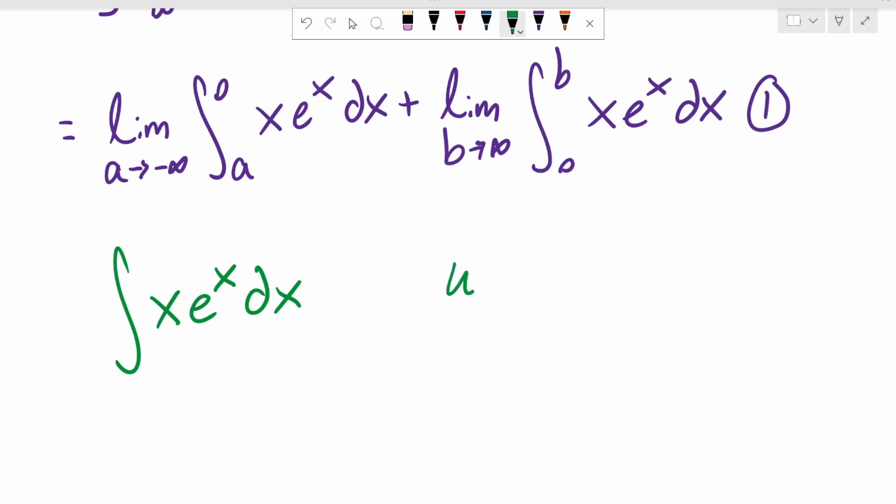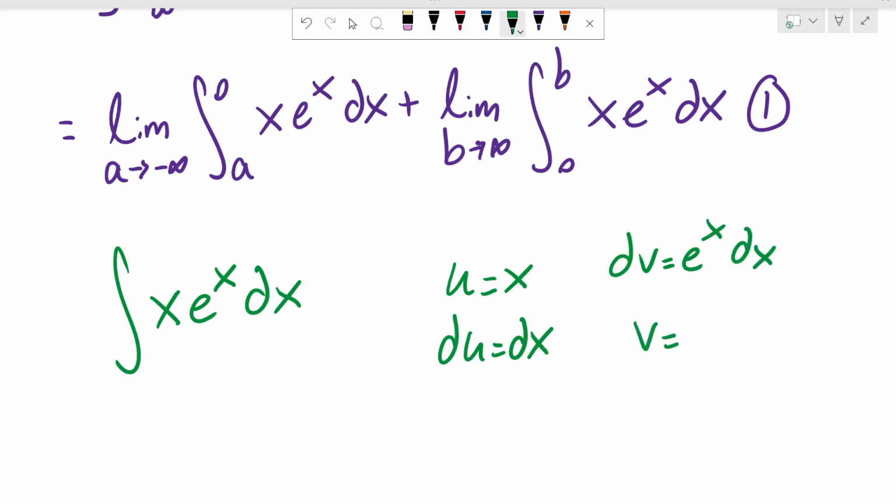So here we're going to let u equal x, which is going to make du equal to dx. And then we're going to let dv equal e to the x dx, which makes v equal to e to the x.